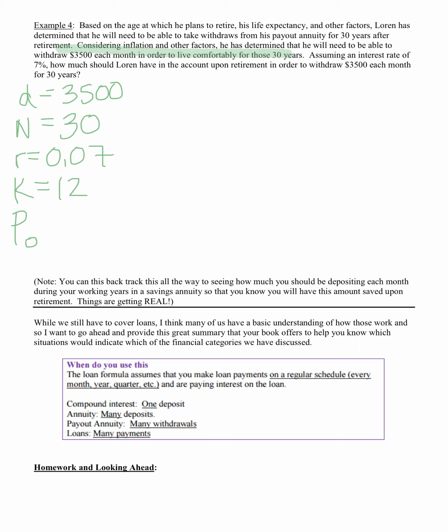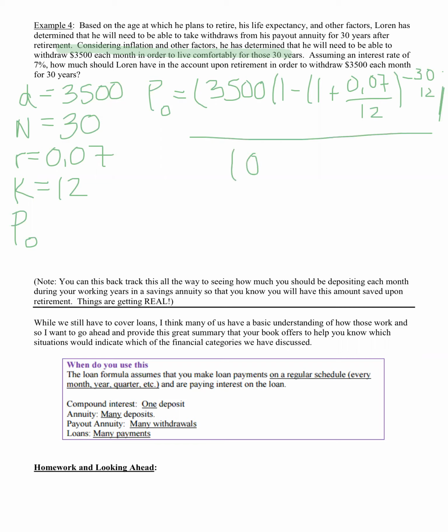So if we do our PO formula, now we can do a direct one. We don't have to solve the algebra. It's 3,500 times 1 minus 1 plus 0.07 divided by 12, negative 30 times 12, double parentheses, all divided by 0.07 divided by 12, and that'll end up getting you your answer.